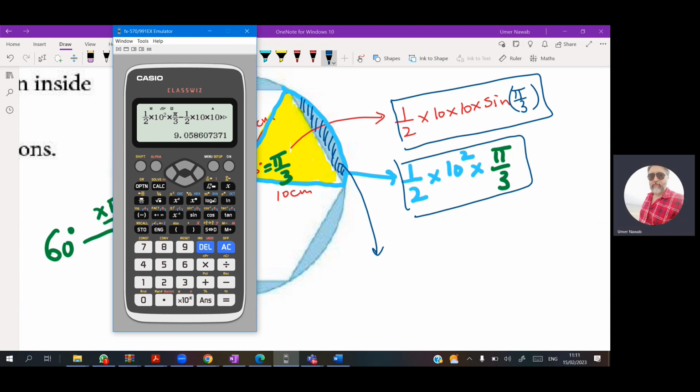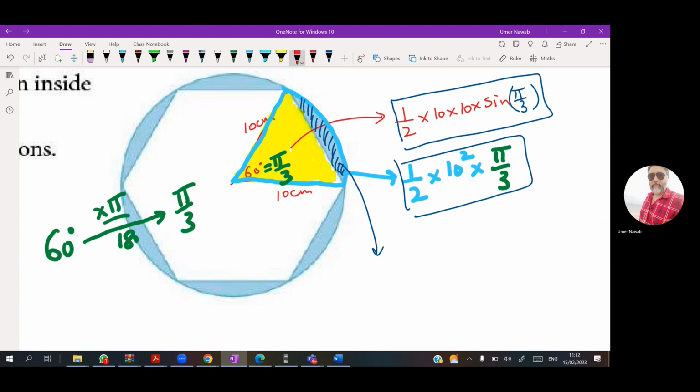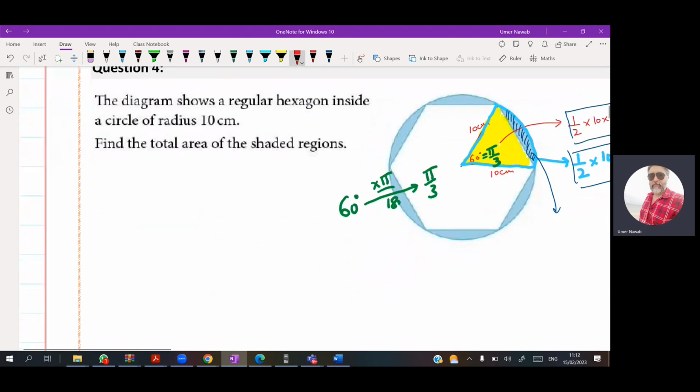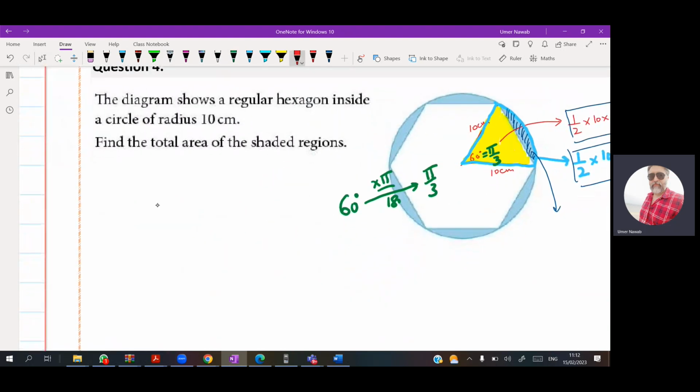So I got my answer, 9.06. That is the area of one segment, but I have 6 segments, so I need to multiply this answer by 6. Times 6 gives me 54.3. So 54.3 is the total area of the 6 segments.